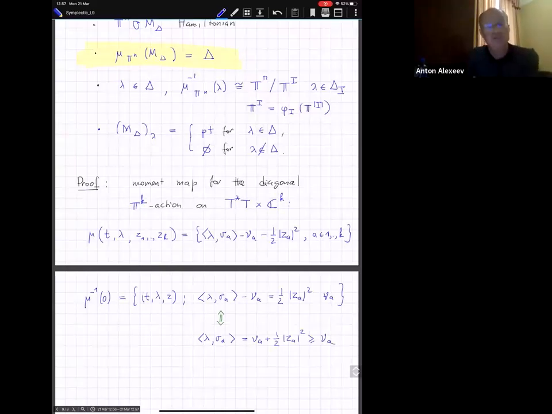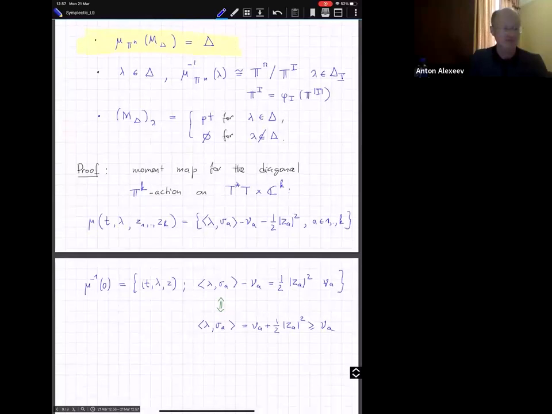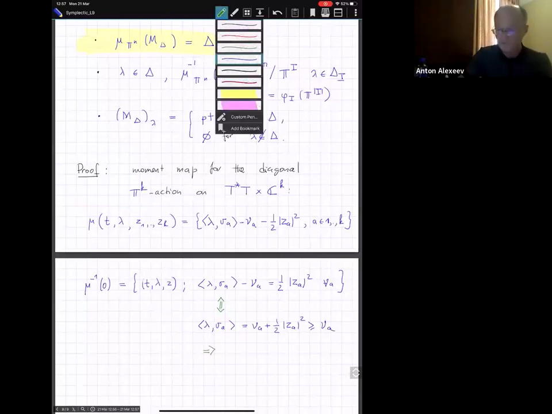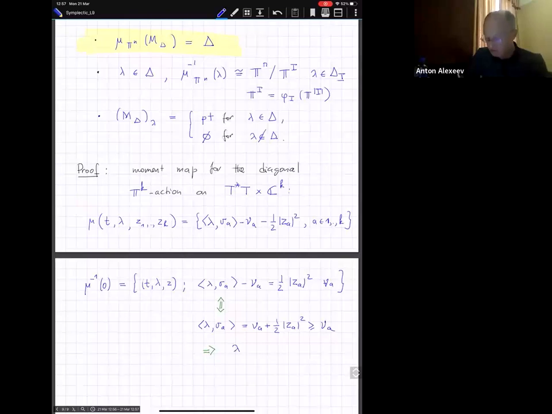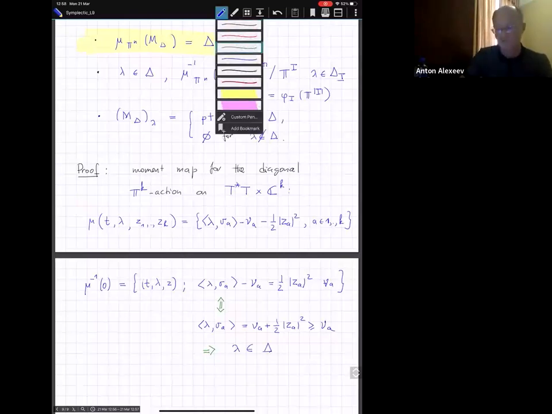So whenever you have a set of lambdas which satisfies these conditions, you can always find Z's and T's which would also fit in those conditions. So this is already good because we now see that lambdas necessarily belong to delta.